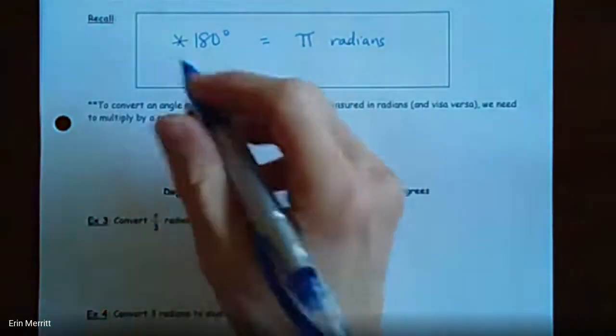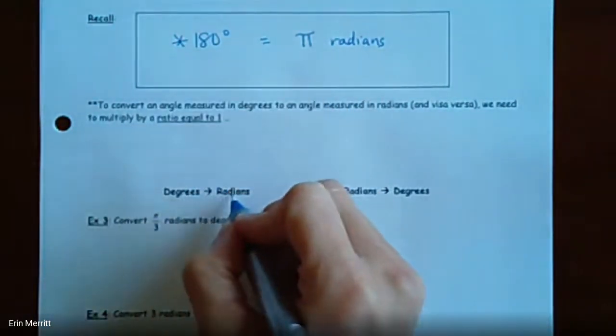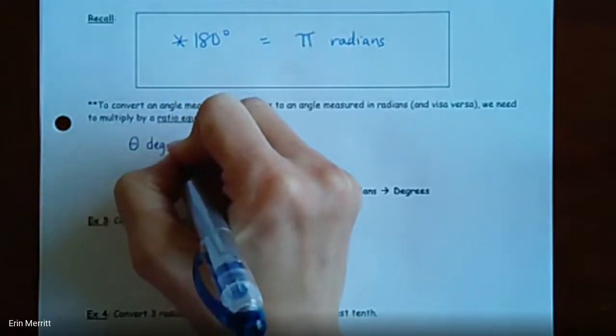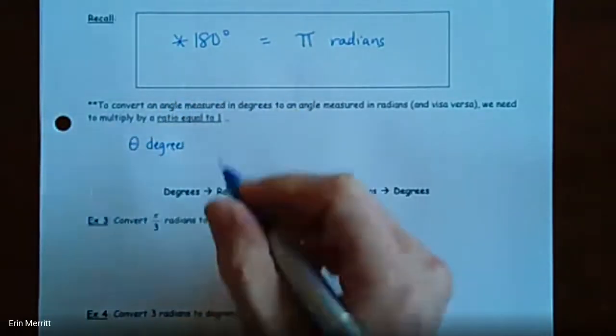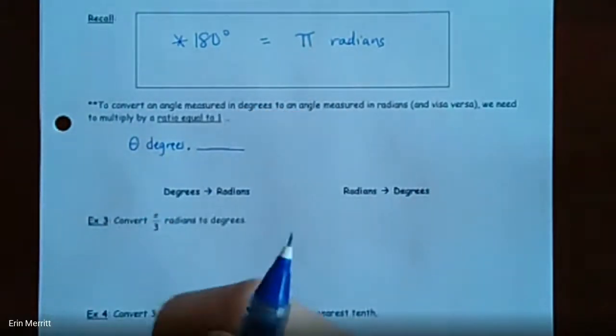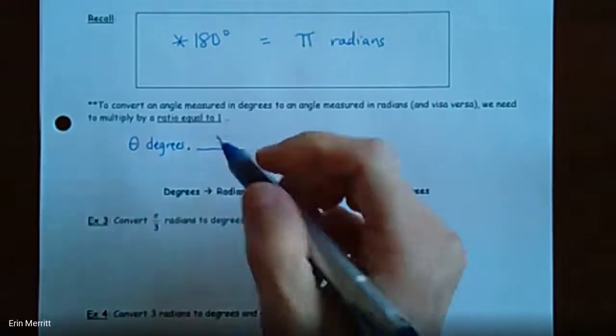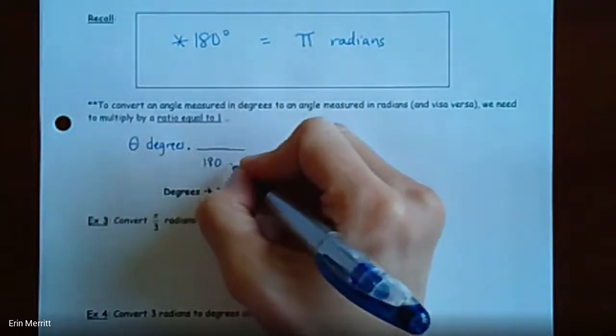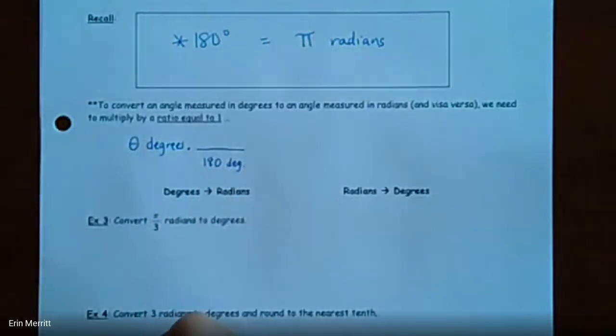How we would do this if we are starting with degrees and trying to go to radians: I'm going to write it as we have an angle in degrees and I want to switch to radians. I have to multiply by a fraction that's equal to 1. I have degrees here and I want degrees to cancel, so the 180 degrees is going to go on the bottom.